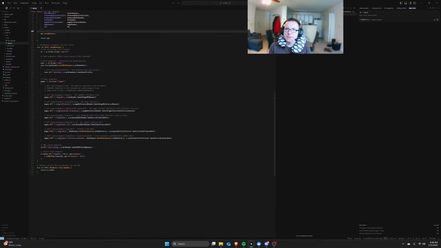Can you find all the locations in our Svelte code where we reference the... I bet you this one's an easy one to get rid of. Endpoint.